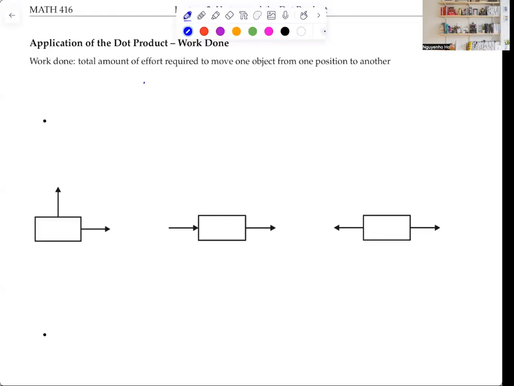Okay. So the work done, usually denoted as capital W, is equal to the force multiplied by distance. Right, the cross in the formula is regular multiplication.